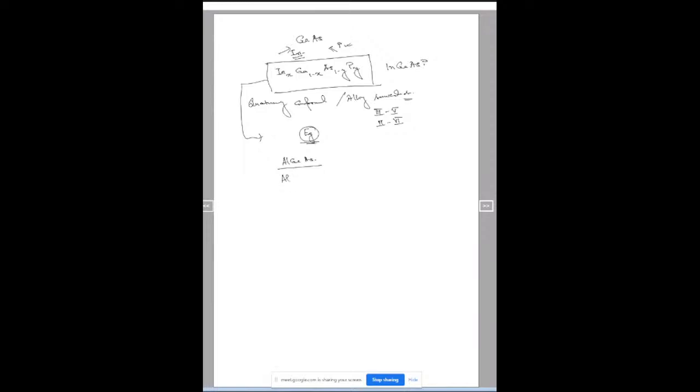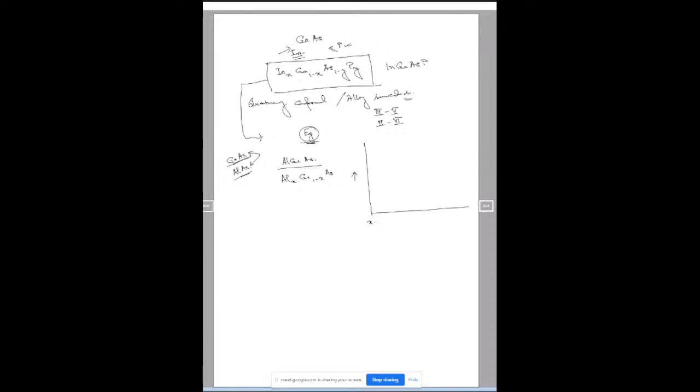We say it is aluminium X, gallium 1 minus X, arsenide. I plot the value of the band gap, because it will be different from gallium arsenide and different from aluminium arsenide, but it will have a value in between gallium arsenide and aluminium arsenide.